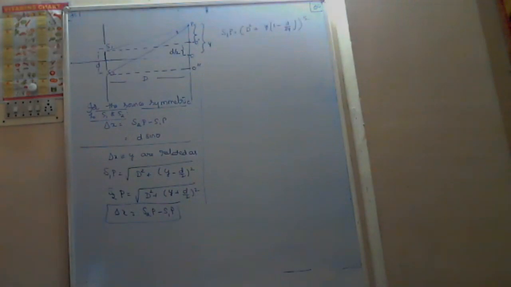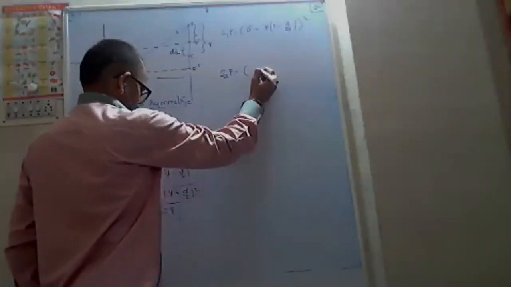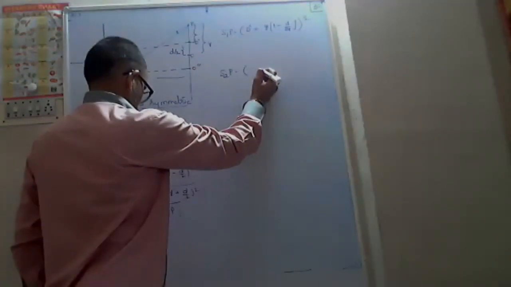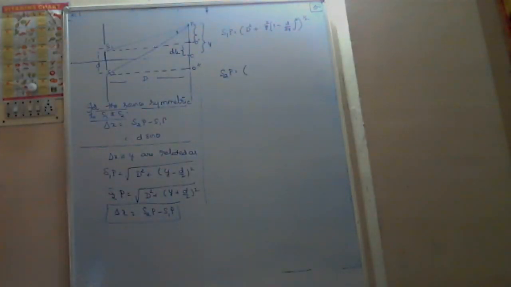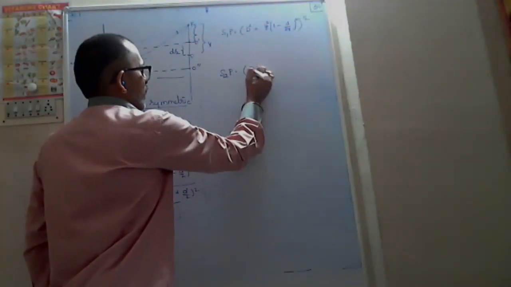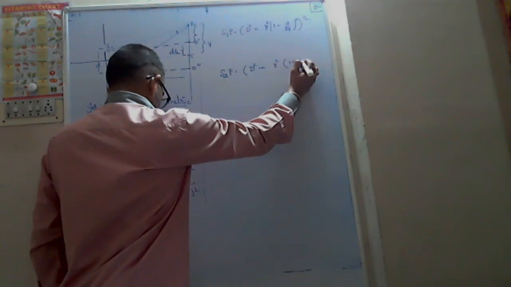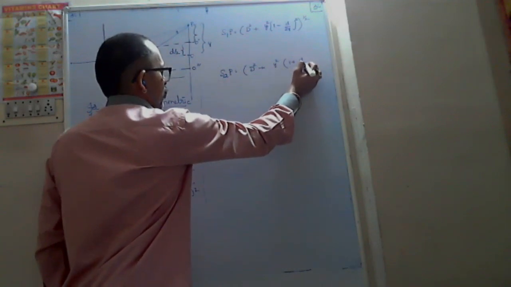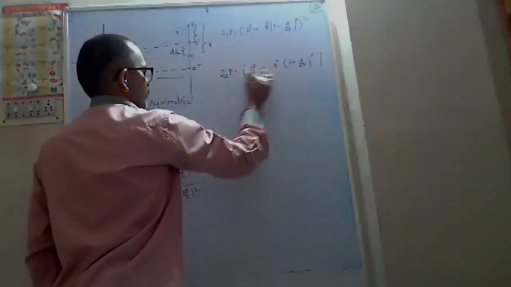In the same way, the second one we can write: S2P is D square plus y square taken out, 1 plus d by 2y whole square, whole power half.